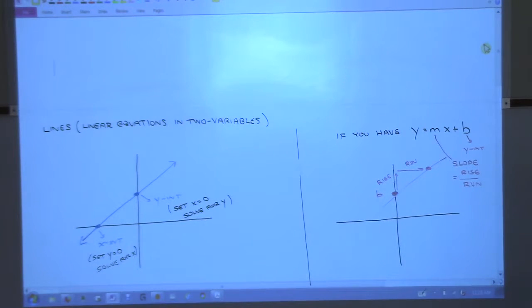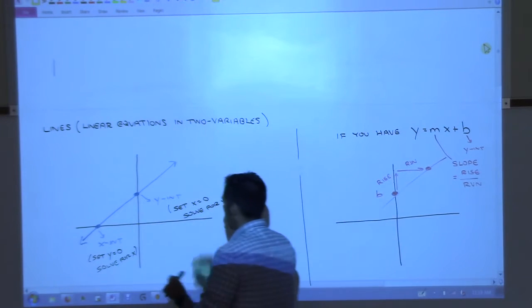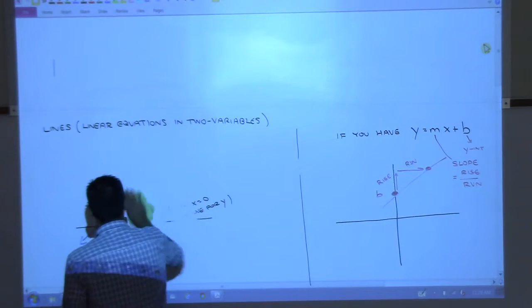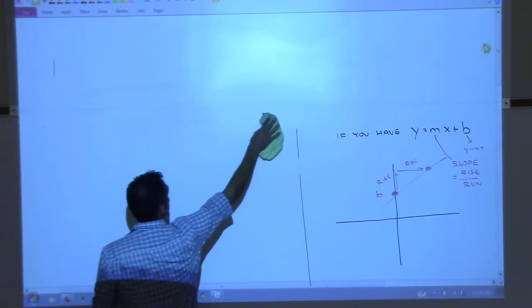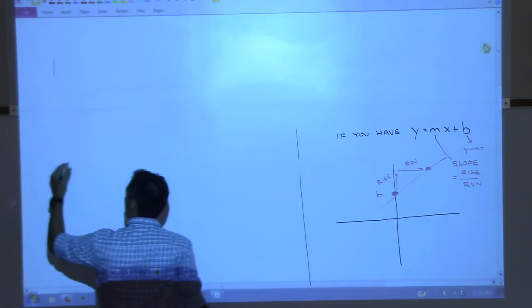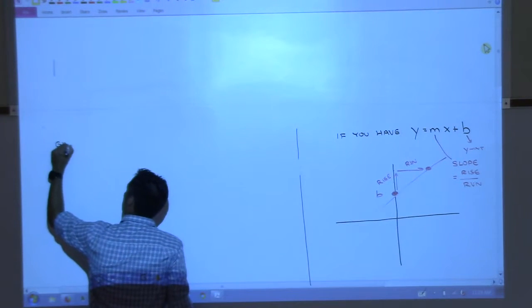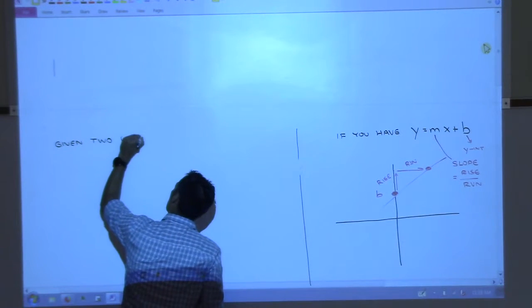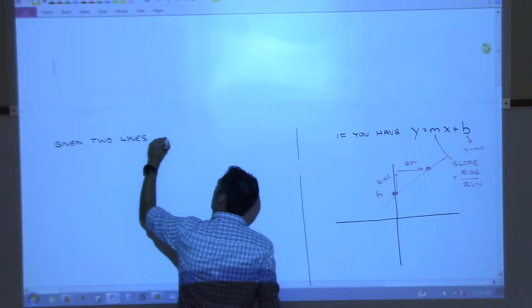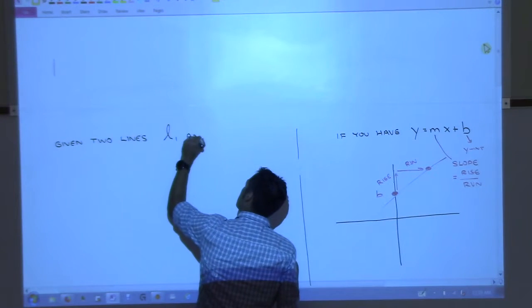We got 2 more little things to do, and then we'll start doing some examples. Just make sure we're clear again on parallel and perpendicular lines. All right? So given 2 lines, I'll call them L1 and L2.